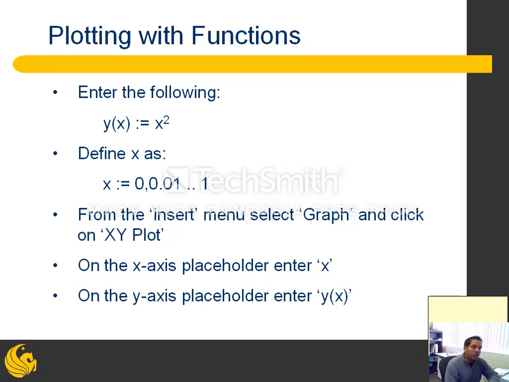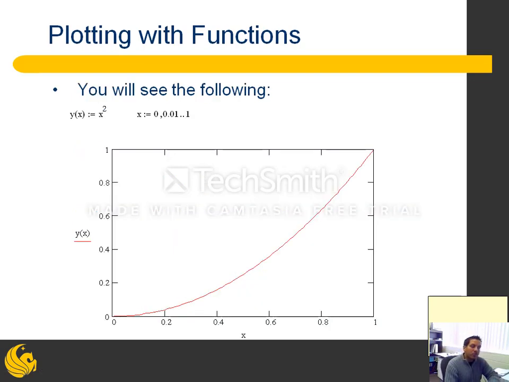And I want to see the plot at steps of 0.01. Notice that x is a range variable, but it's not an index to y. y is just a function of x. And again, from the insert menu, we insert a graph. On the x-axis we enter x, on the y-axis we enter y of x, and we should see a quadratic plot.